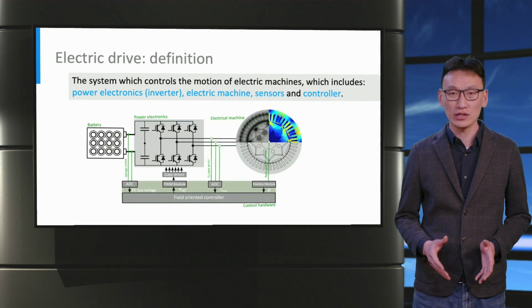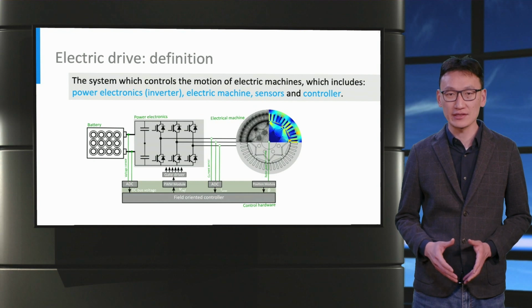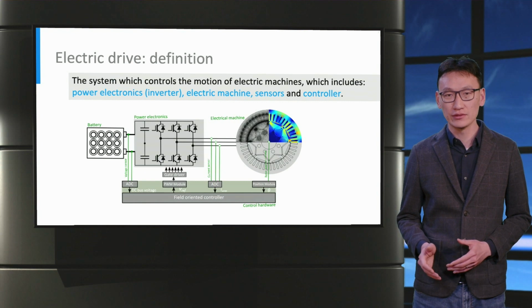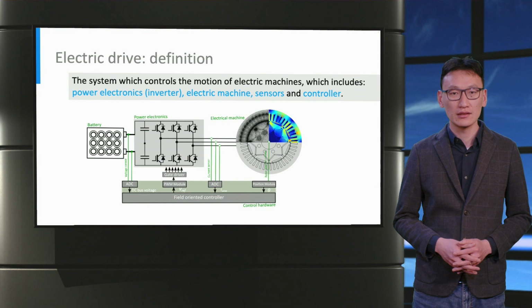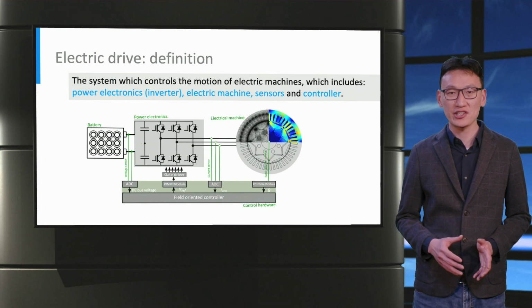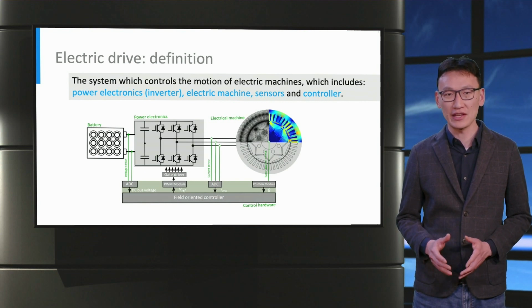Let's first take a look at what an electrical drive is. An electrical drive is a system that controls the motion of electrical machines, including the power electronics, the electrical machine itself, various sensors, and a controller. The figure below shows the architecture of an electric drive in the EV.